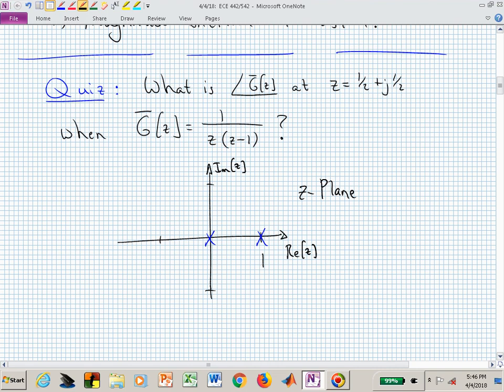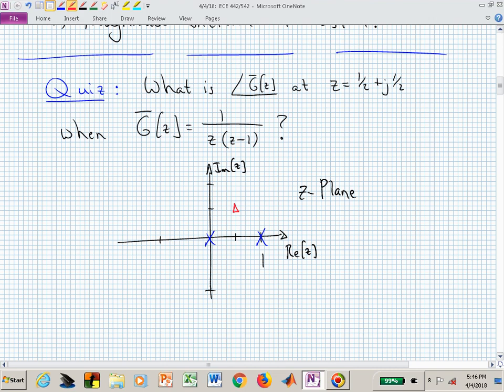And what I was asking you to do was actually find the angle of g of z at that triangle. The way to do it with the transfer function graphically is to find the angle from each of these factors to that triangle and add them up.